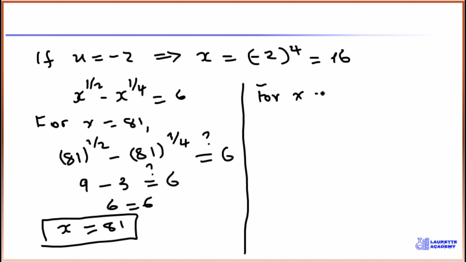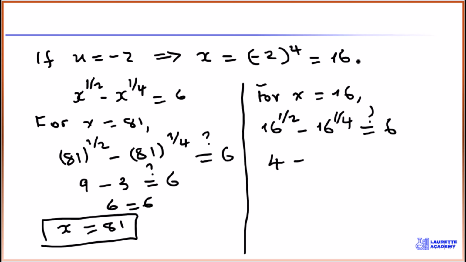For x equals 16, when you substitute it into the original equation, we have 16 to the power half minus 16 to the power 1/4. Is this equal to 6? 16 to the power half is the same as finding the square root of 16, which is 4, and 16 to the power 1/4 is finding the fourth root of 16, which is 2.